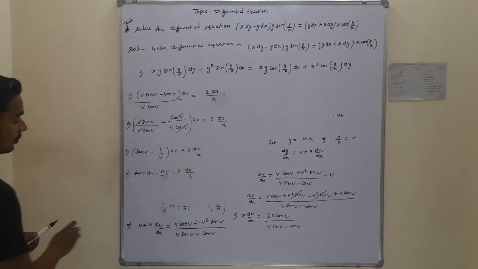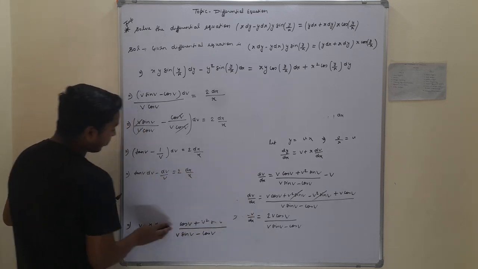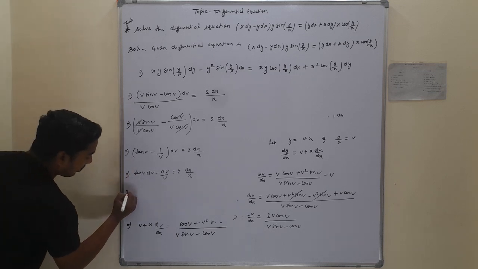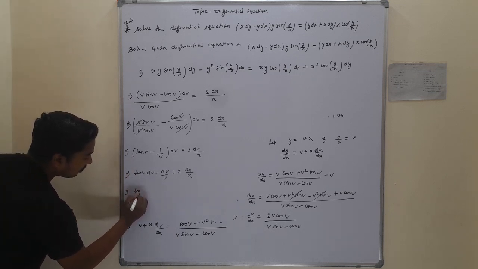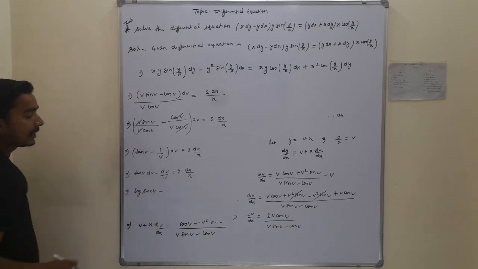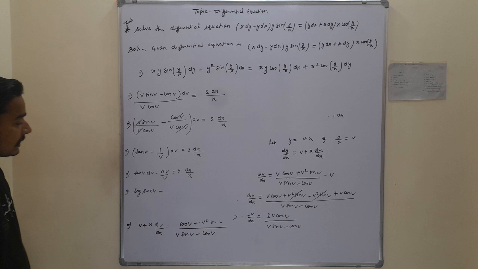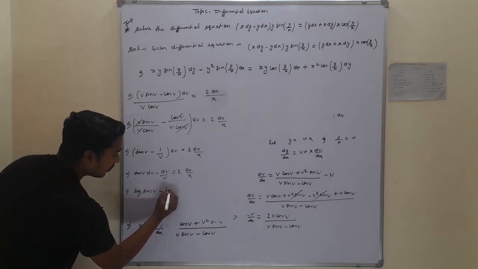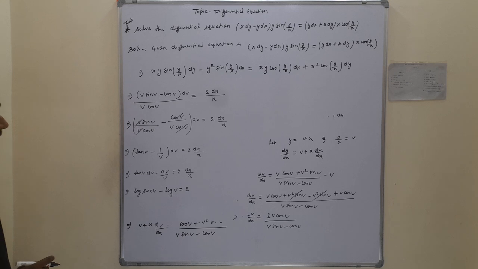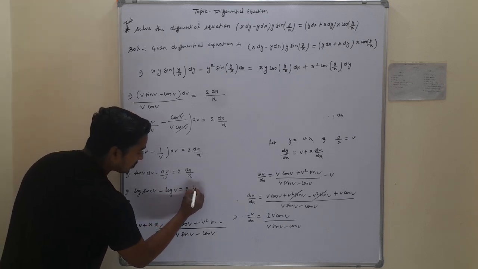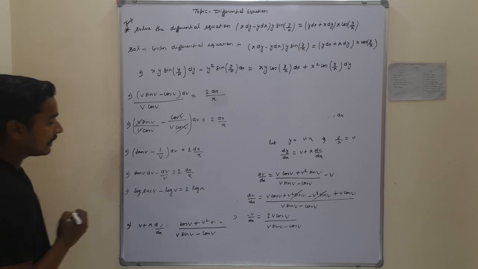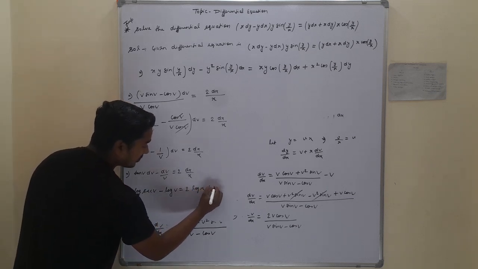And integrating both the sides, we know that the integration of tan v dv is given by log of sec v, and minus the integration of dv upon v gives log of v, and the integration of dx upon x gives log x. And here we have to take a constant, log of c.